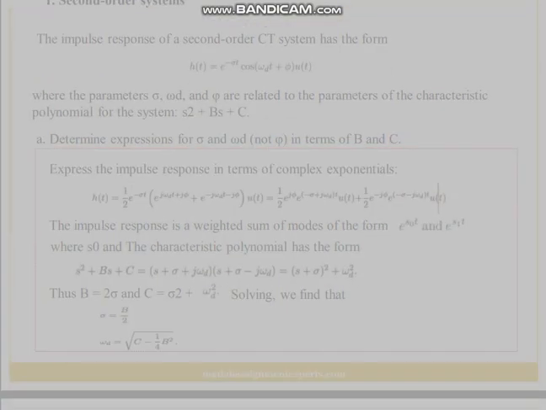1. Second-order systems. The impulse response of a second-order CT system has a given form, where the parameters sigma, omega d, and phi are related to the parameters of the characteristic polynomial for the system, s^2 + Bs + C. A. Determine expressions for sigma and omega d, not phi, in terms of B and C. Express the impulse response in terms of complex exponentials.